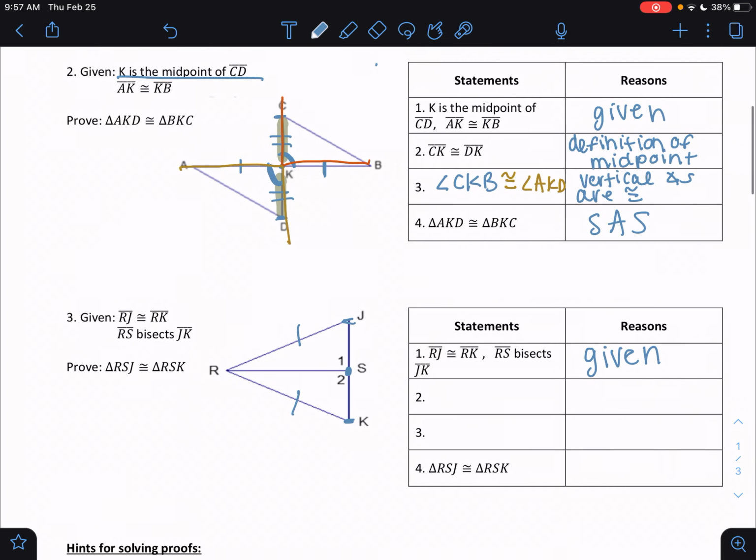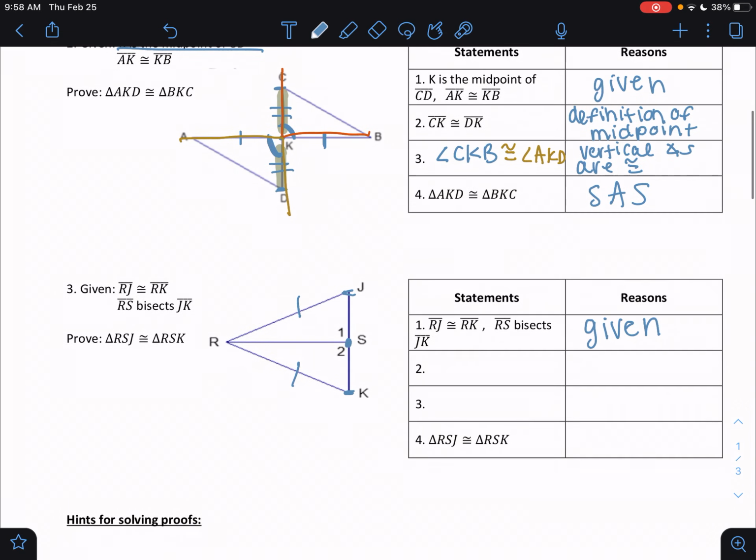So this is kind of similar to the definition of a midpoint, right? Because the midpoint is in the middle. If something bisects it, it's also cutting it in half. So we can say that JS is congruent to SK because that is the definition of a bisector.